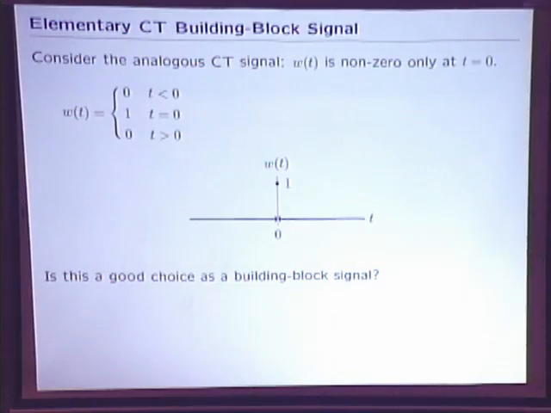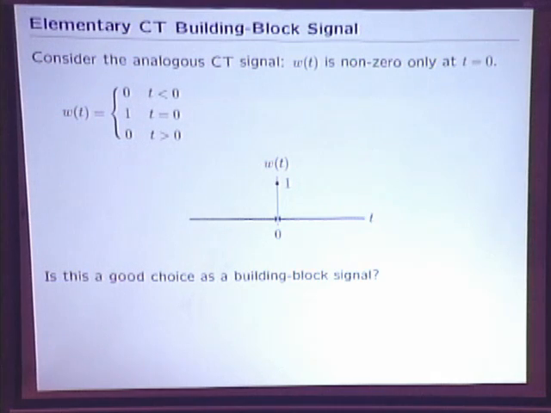So in order for it not to be trivial, it has to be non-zero at least someplace. The place it's non-trivial is at n equals 0. And the value that it is, given that it can't be 0, is 1. Okay, so the unit sample signal is the most simple, non-trivial DT signal. So what we need is the equivalent for CT.